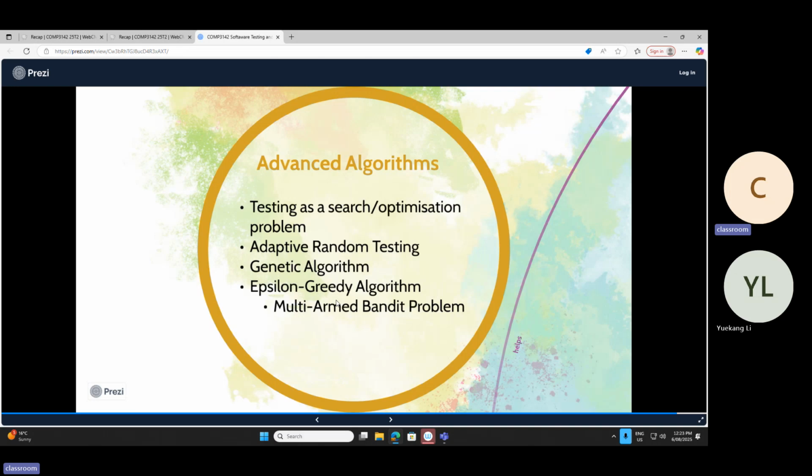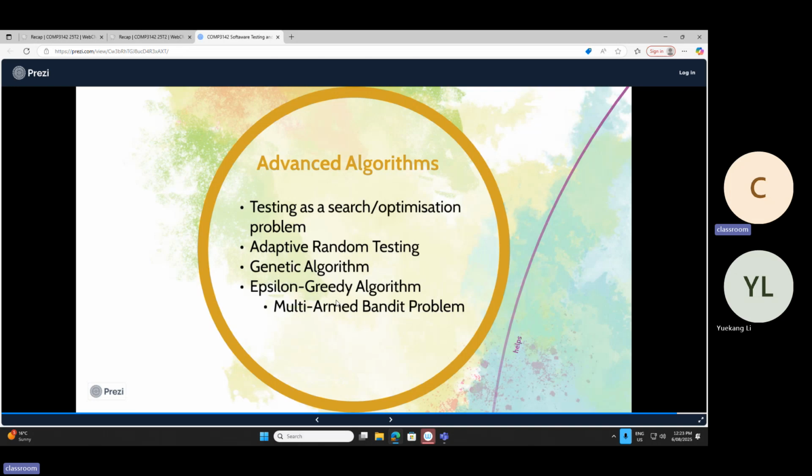We can have some meta-heuristic based algorithms, and genetic algorithm is one of them. The basic idea of genetic algorithm is to simulate the evolution process of chromosomes and genes. So we can evolve the entire population through several generations and keep the good characteristics of these test cases, moving towards the optimized goal.